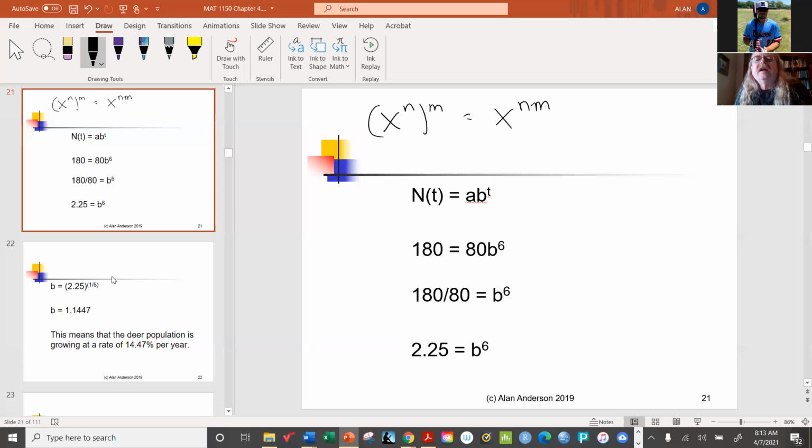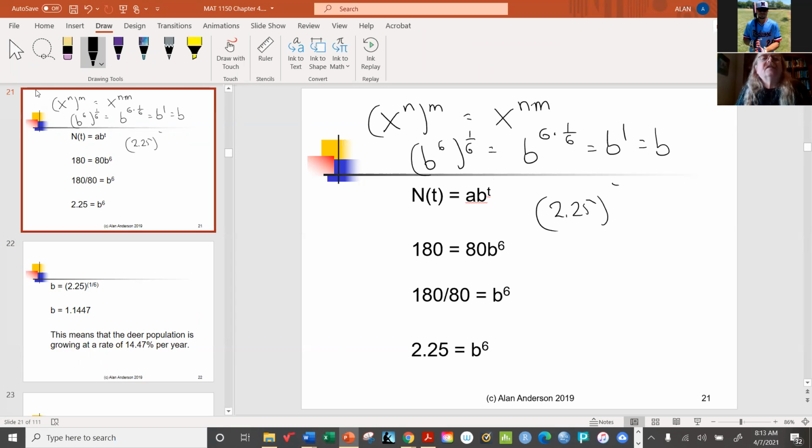So in our case, if you have b raised to the 6th power, which is now raised to the 1/6 power, you have b raised to the 6 times 1/6 power, which is b to the 1st, or just plain b. So that's our strategy here in raising both sides of this equation to the 1/6 power. We're simply trying to isolate the b and solve for it.